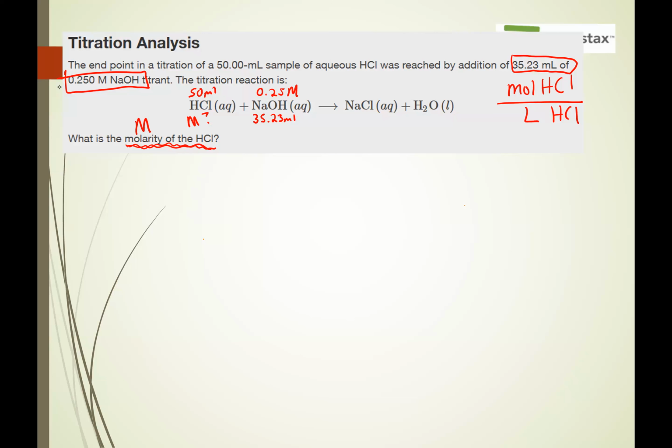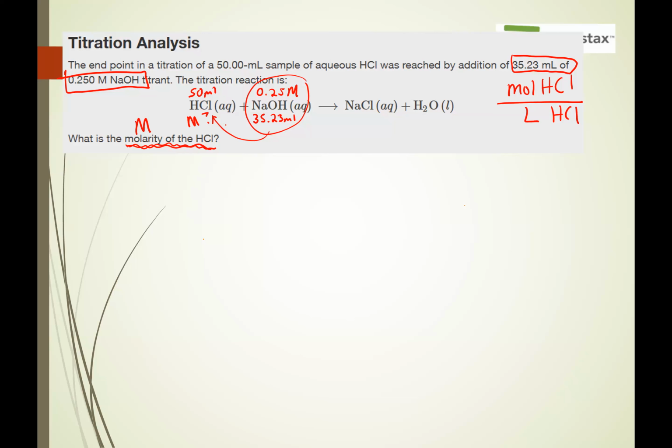Yes, so we have to decide which one to start with. What are we trying to convert to? Molarity of HCl. We have all this information about NaOH and we want to convert it to HCl. So should we start with the volume of the NaOH, the 35, or the volume of the HCl?